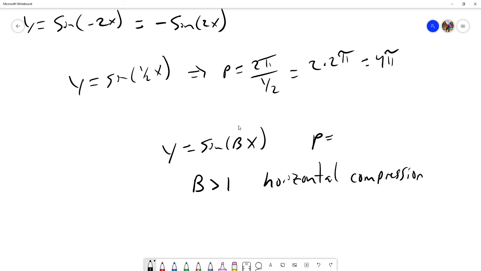So our general formula for that is 2 pi over b. And when b is between 0 and 1, then we get a horizontal stretch, because as we saw, the graph just gets stretched out. If you imagine a spring, and if you grab both ends and you just pull it apart, that's essentially what we're doing to our sine and cosine graphs, is just stretching it apart.